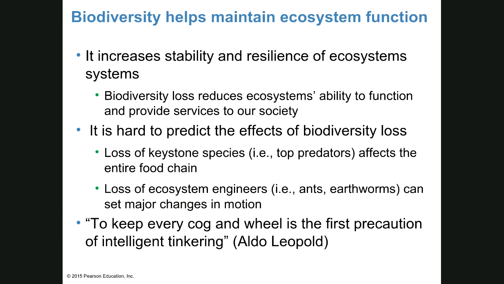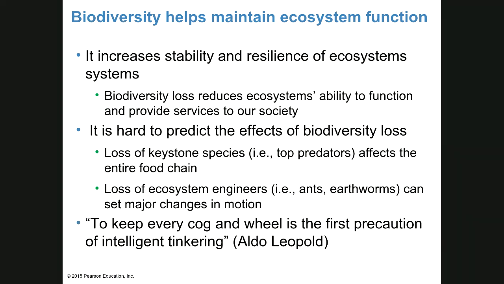It's hard to predict the effects of biodiversity loss, but we know that there are these things called keystone species, which are often top predators. So when we lose a keystone species, which you'll learn about this week, one of those being the gray wolf in Yellowstone National Park, when you lose a top level predator, it causes a trophic cascade.